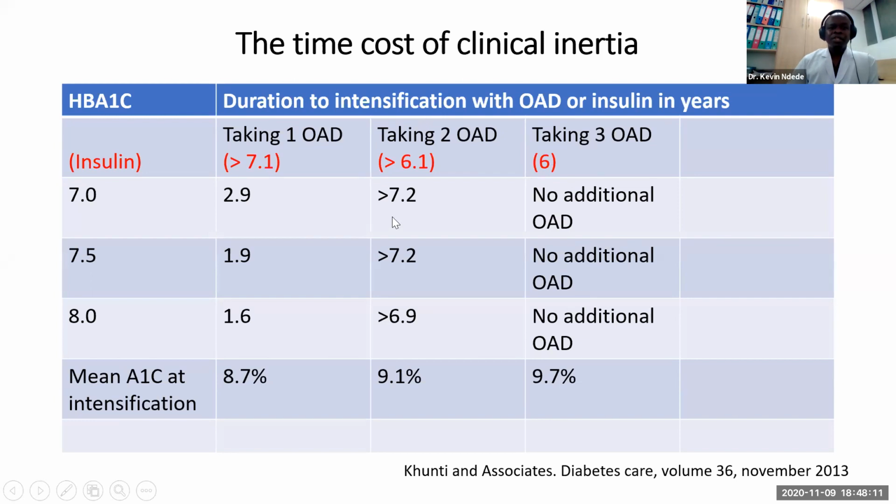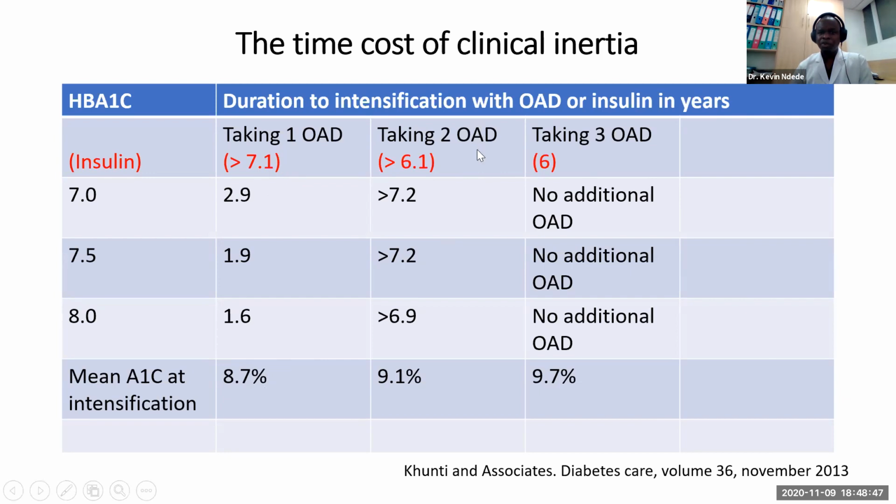However, it is also good to note that sometimes it's important to initiate insulin early in the therapy of these patients. In this same study, for those taking 1 oral anti-diabetic medication, it took more than 7.1 years for insulin therapy to be introduced. And at that point of intensifying with insulin, the HbA1c was about 8.7%, which is a tad too late to begin.